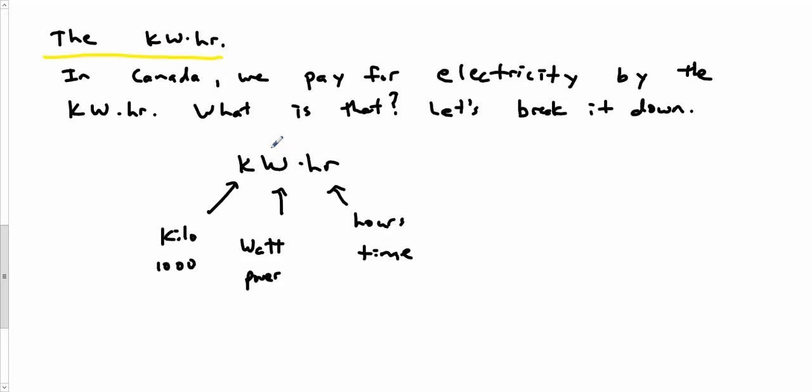A watt is power, it's energy over time, and I'm going to be multiplying that times a time, because hours measure time, and these things cancel and I get energy. So really, kilowatt hour is measuring energy.